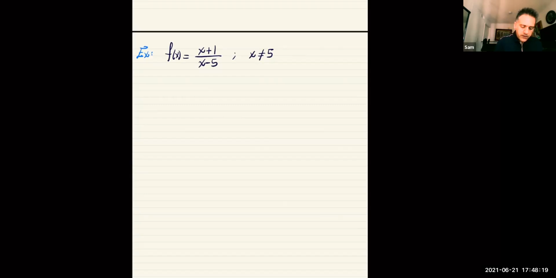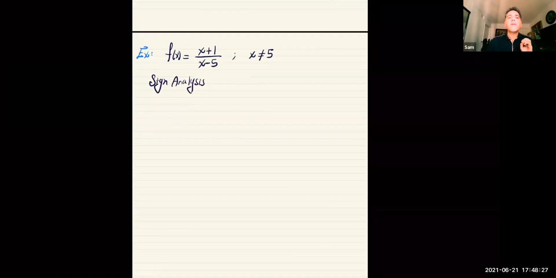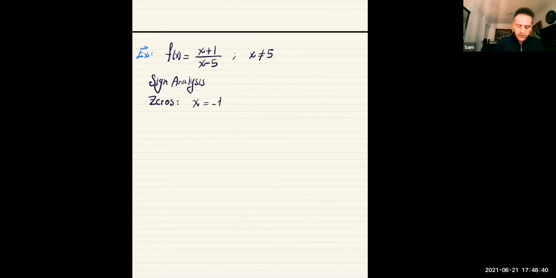So if you look at the sign analysis, you would have to look at the zeros of the top and the bottom, okay? The zero of the top is x equal to -1, and the zero of the bottom is x equal to 5. Remember sign analysis?